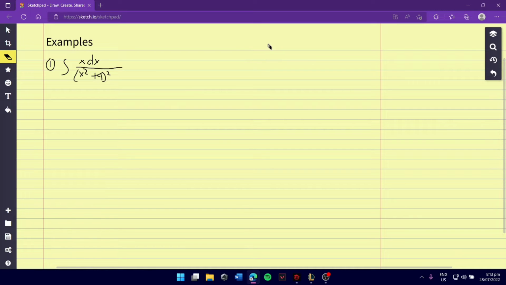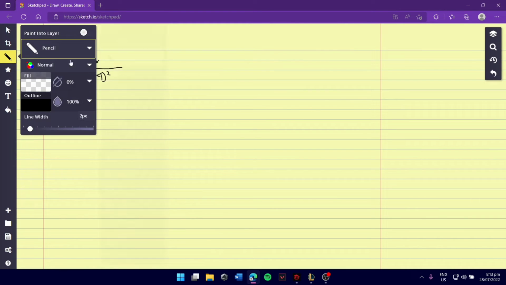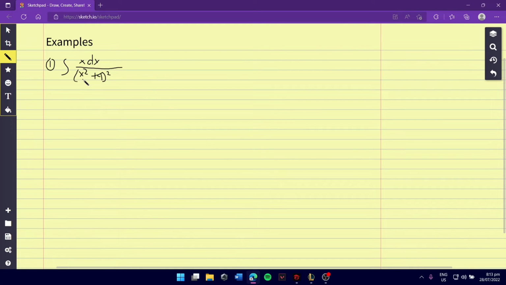So in example number 1, we have the integral of x dx over the quantity x squared plus 4, squared. So here we will determine our u. Our u here is x squared plus 4.